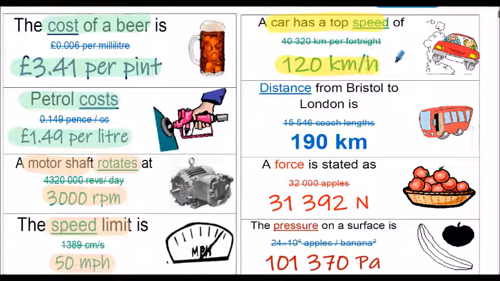Some of you may still not relate to that so conveniently as miles per hour, but we will review that calculation later on. The distance from Bristol to London in the United Kingdom was 15,546 coach lengths, but that could be converted as 190 kilometres. Again, that makes much more sense to us. The force, stated as 32,000 apples, actually converts to 31,392 newtons.